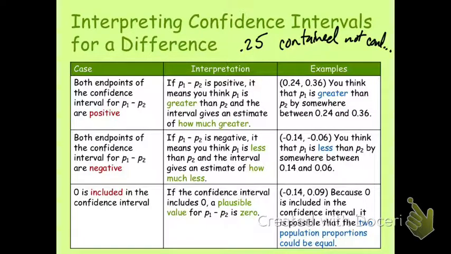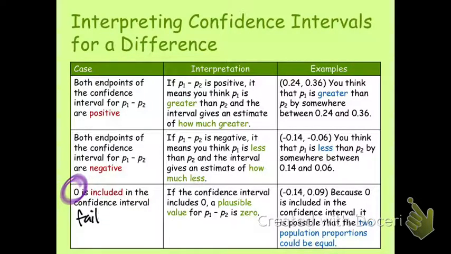In this unit, we are not looking for the population proportion. We're looking for the number 0. If 0 is included, then we would fail to reject because there is no difference.